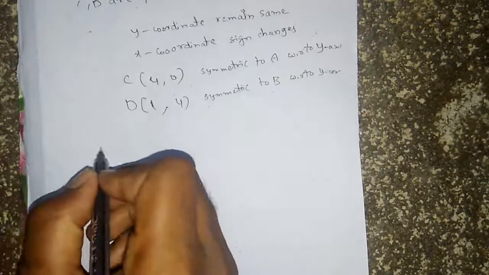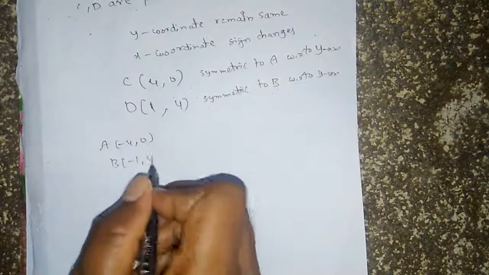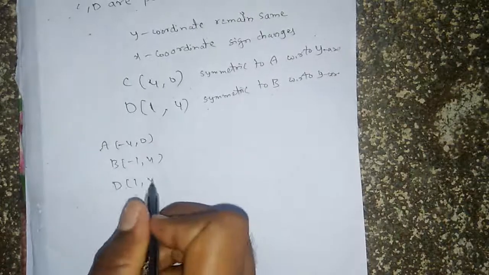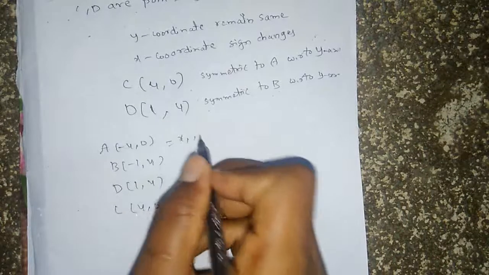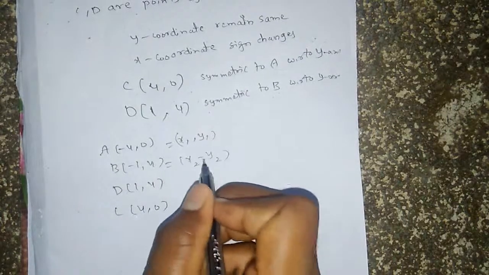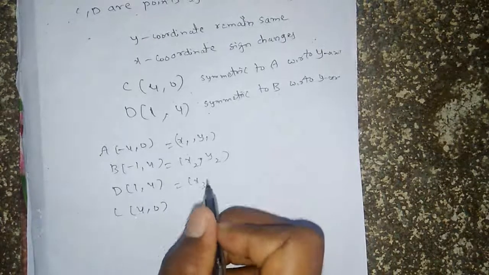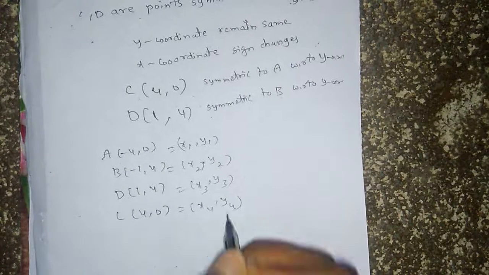Now here A is minus 4 comma 0, B is minus 1 comma 4, D is 1 comma 4, C is 4 comma 0. This is x1 comma y1, x2 comma y2, x3 comma y3, x4 comma y4.